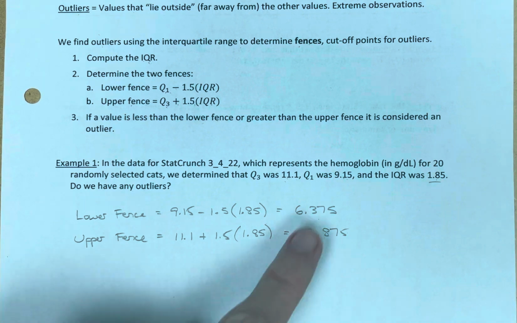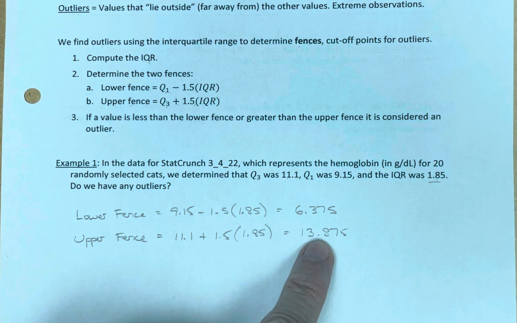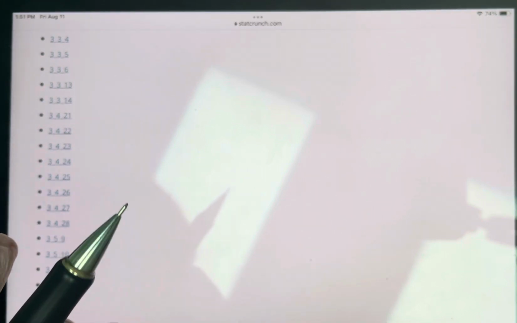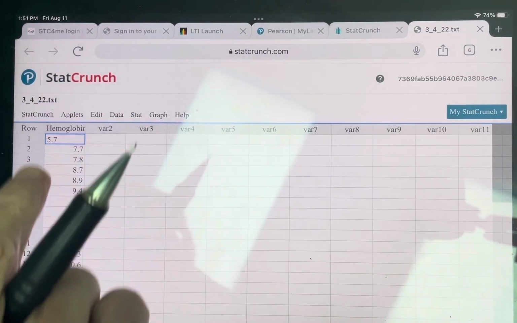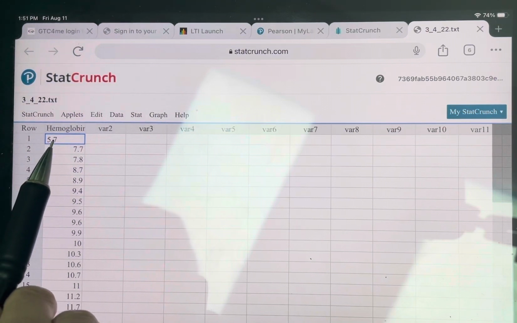Okay, let's take a look at that data set. We want to see, is anything below 6.375 and/or is anything above 13.875? Okay, 3422, there we go. Here's our hemoglobin set. Let's see, is anything below 6.375? Yep, that one is.